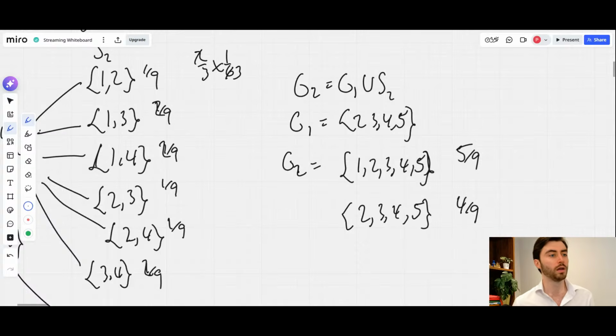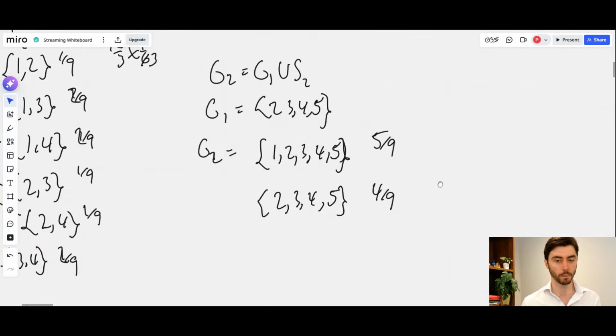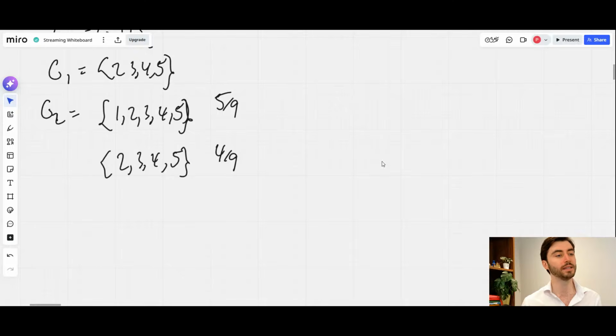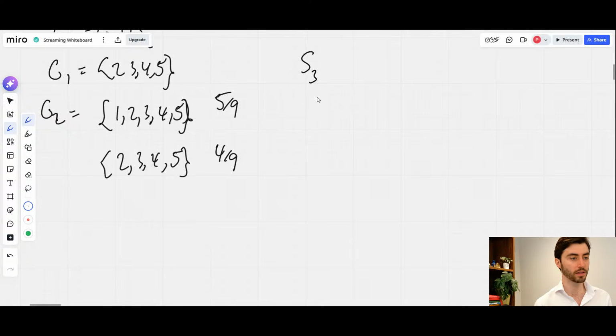Cool. Finally, two elements are chosen at random without replacement from the set G2, and let S3 denote the set of these chosen elements. So we can, in theory, get what the S3s are.